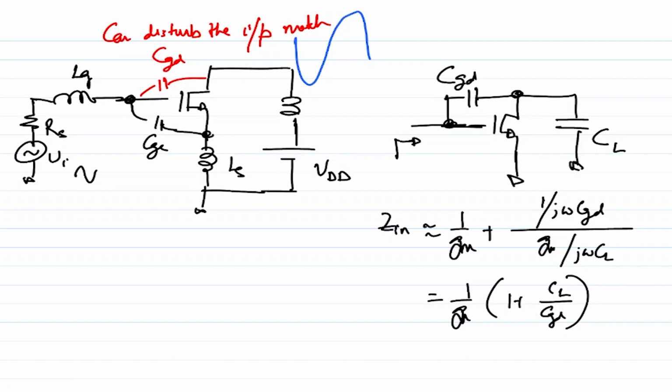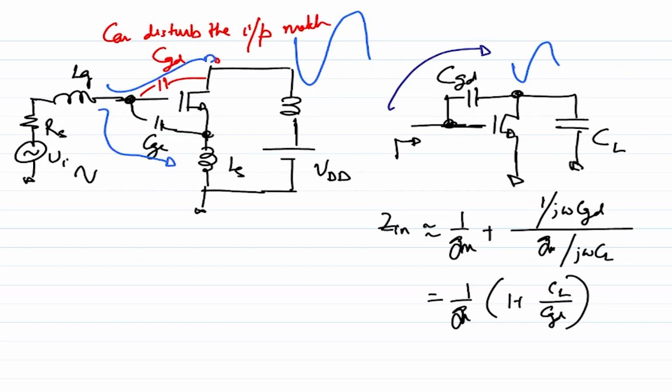Because you have a swing at the drain, because of the Miller effect, you attract more current through the CGD capacitance, and you are also attracting current through the CGS capacitance.